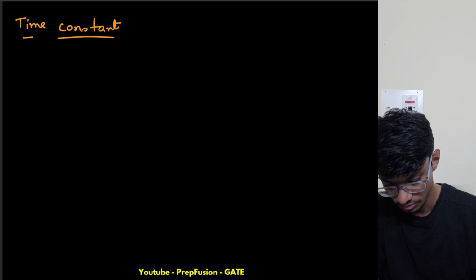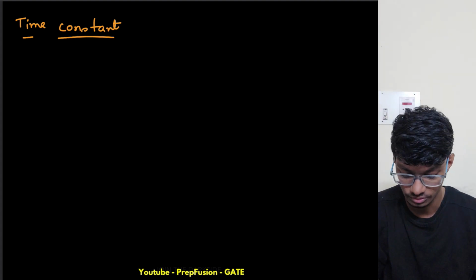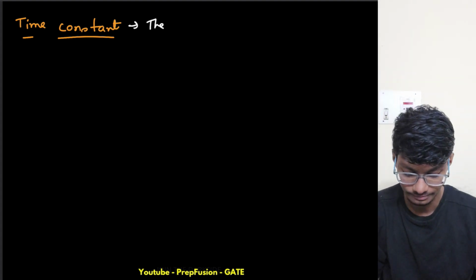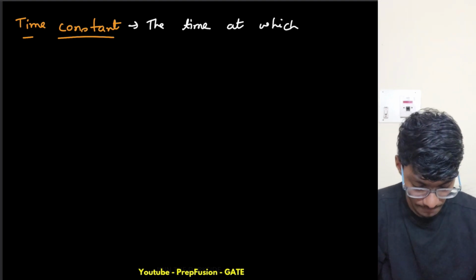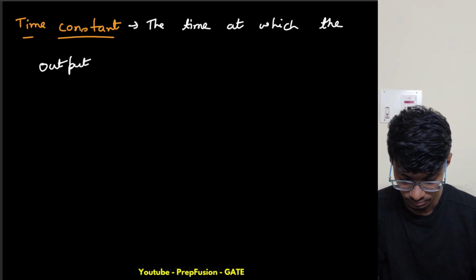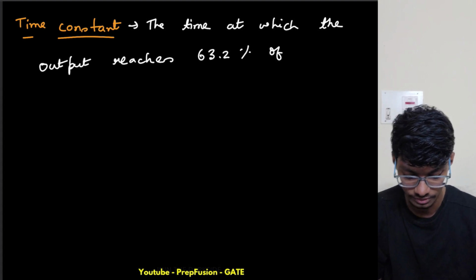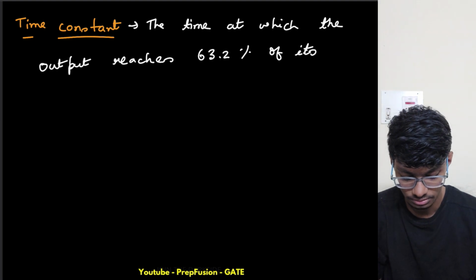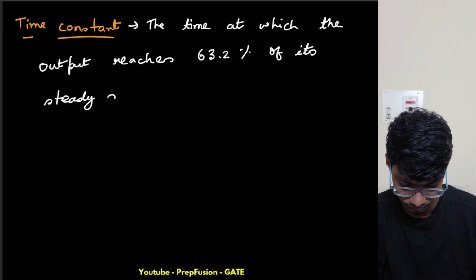So time constant is known as the time at which the output reaches 63.2% of its steady state value. I will give you homework on this so you will understand.